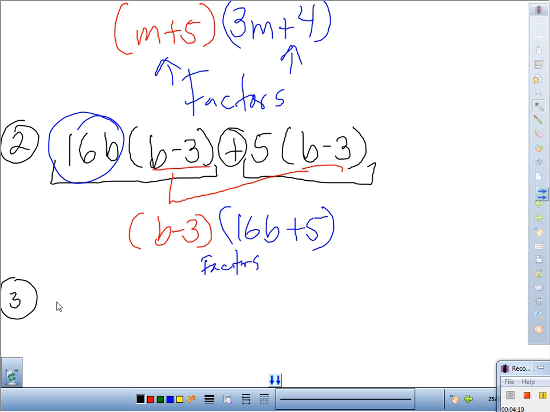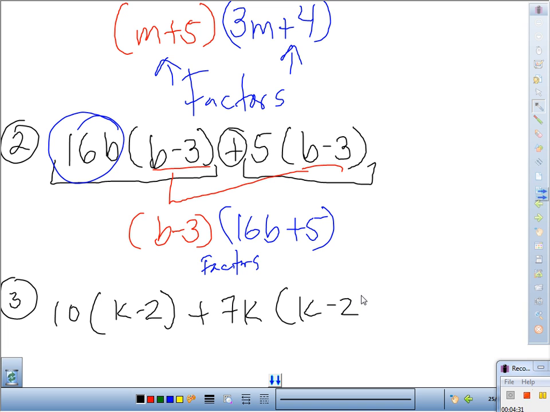Copy this one. 10, open parentheses, k minus 2, close parentheses, plus 7k, open parentheses, k minus 2, close parentheses. Find me the factors, please. 20 seconds.